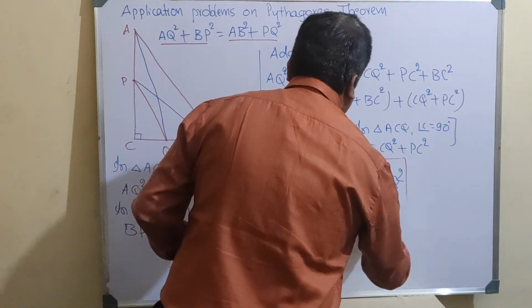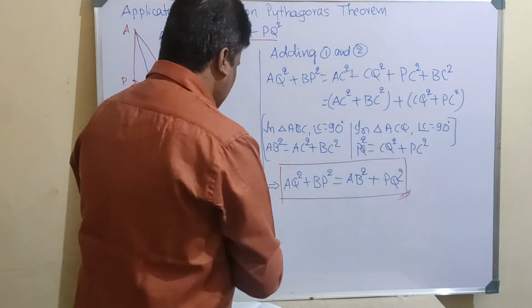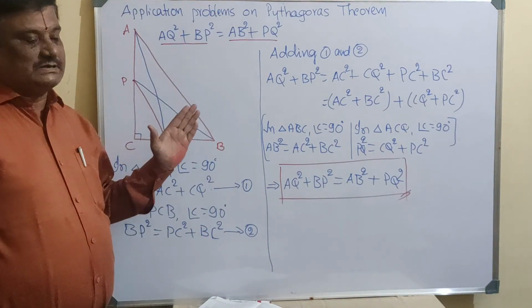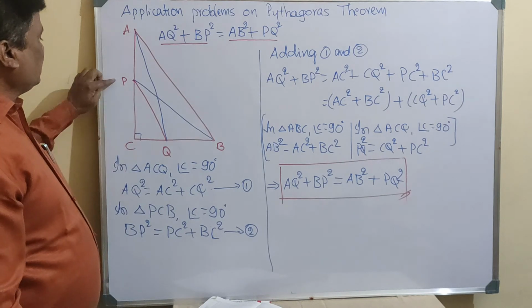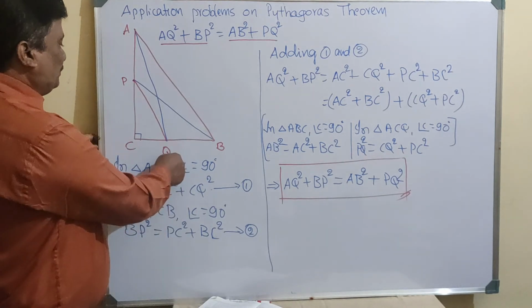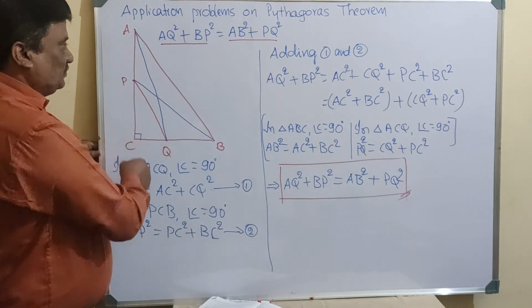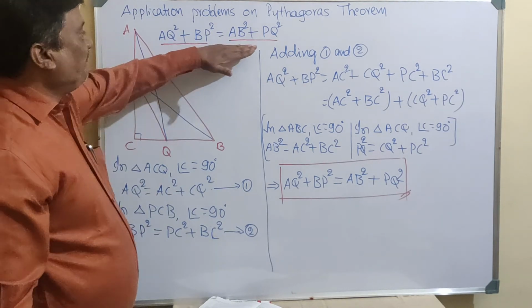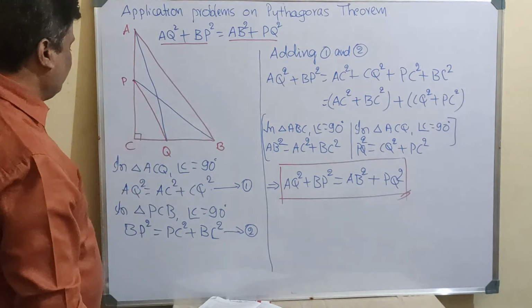So I will explain once again. You just see. It is triangle ABC, which is right angled at C. P is a point on AC and Q is a point on BC. Then we want to show that AQ square plus BP square is equal to AB square plus PQ square.